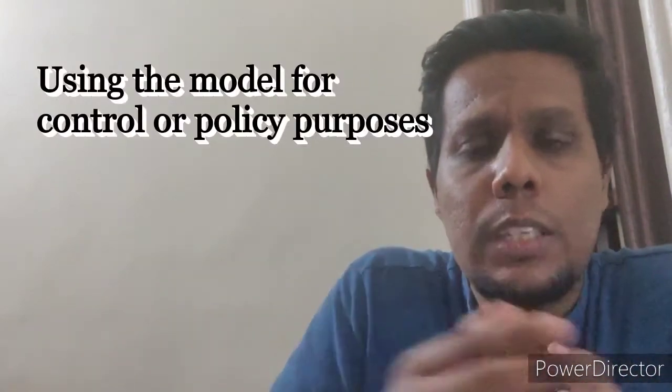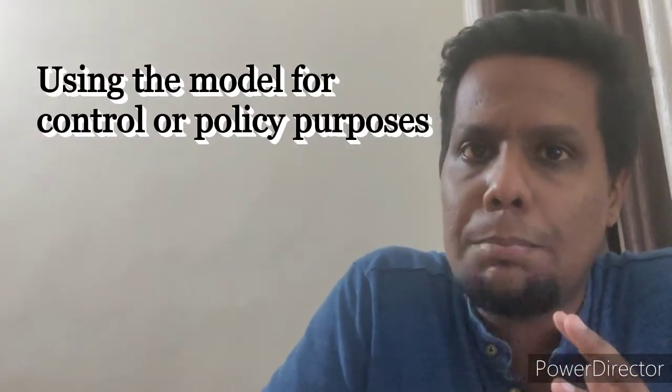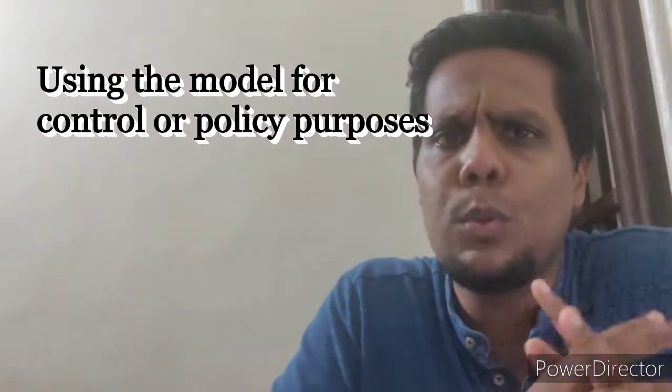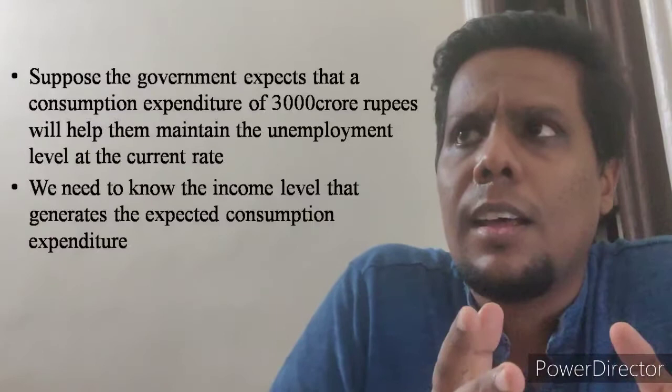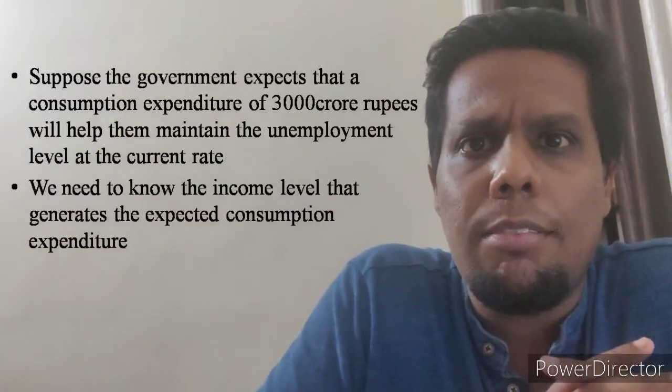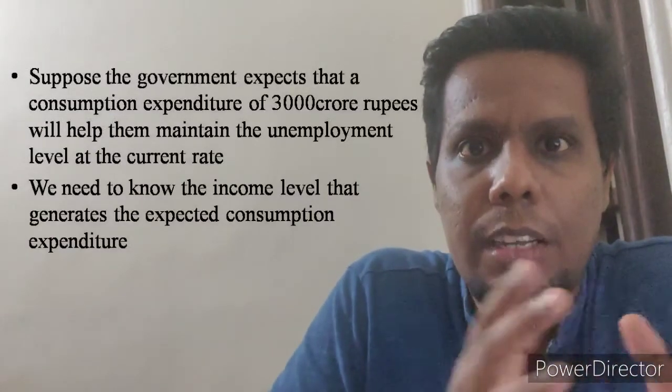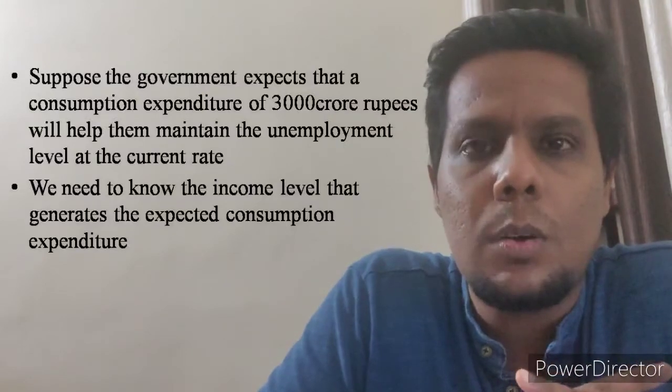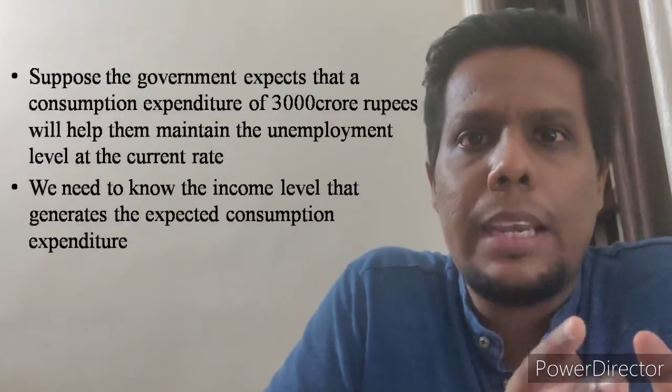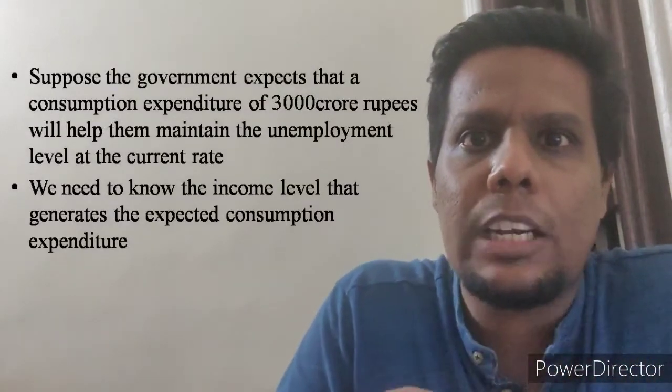Now we will move on to the last step, that is using the model for control or policy purposes. Suppose the government believes that a consumption expenditure of 3,000 crore rupees helps to maintain the unemployment level at the current rate.